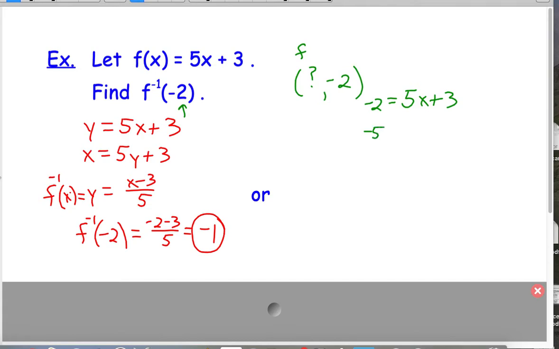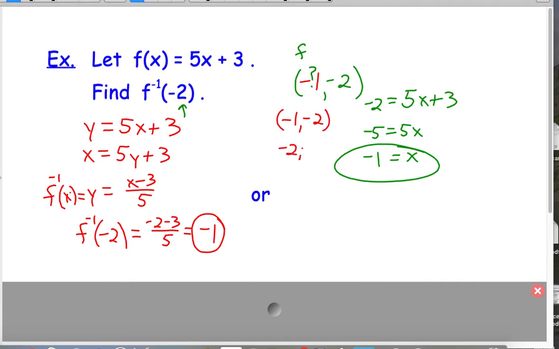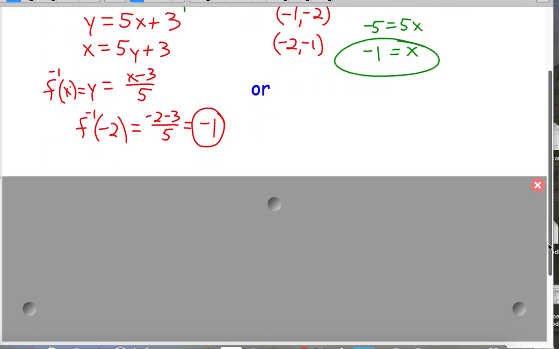Subtract the 3, divide by 5. Oh, that x is -1. So that's the value that goes in here. So I know the point -1, -2 was on my original function, which means -2, -1 is going to be a point on the inverse function. So whichever way makes more sense to you, you go with that.